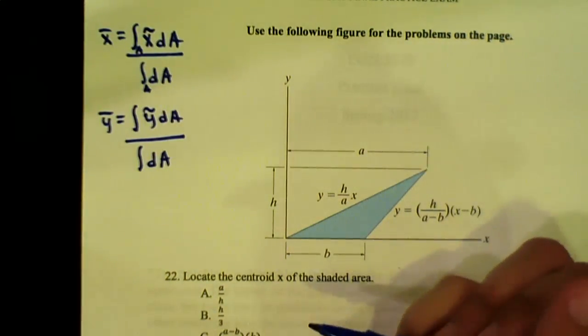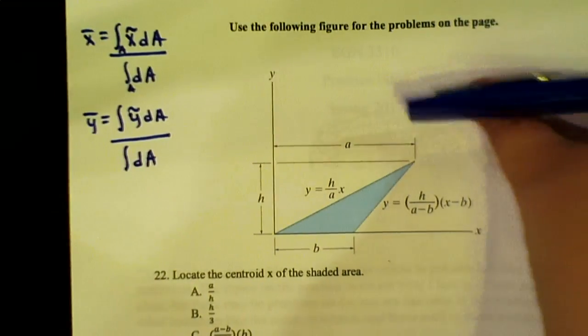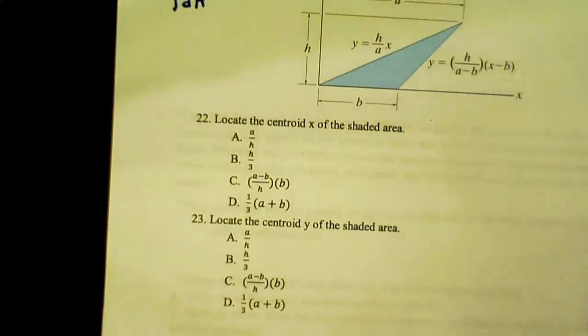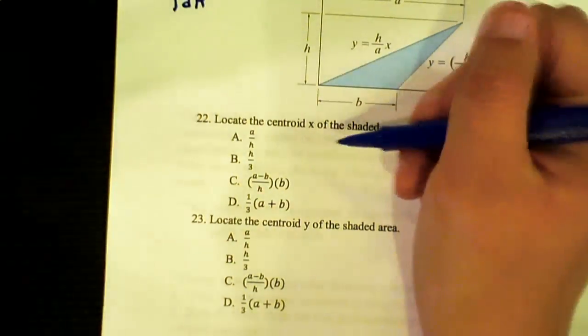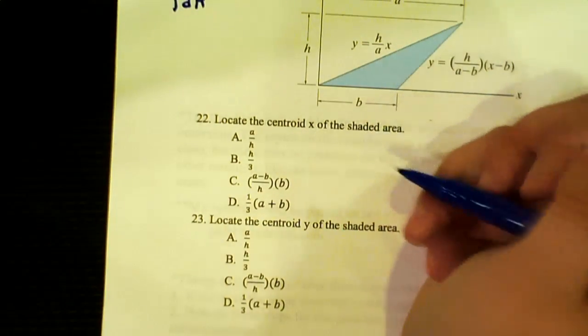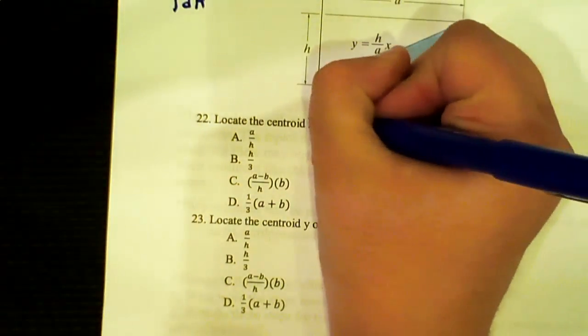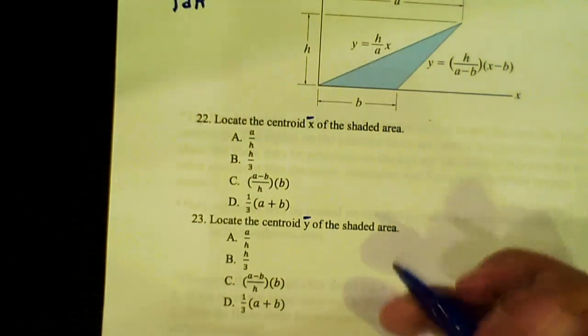So for both 22 and 23, I couldn't figure out how to do the bar, so I tried my best. I said locate the centroid x of the shaded area. So these are both like the x and y bar.